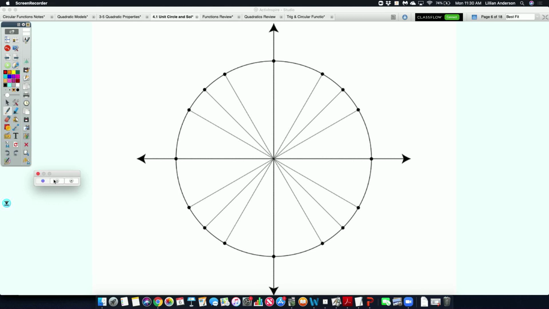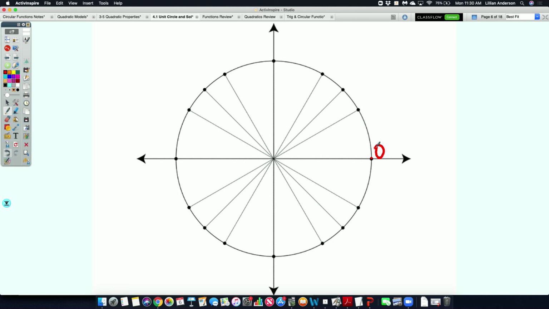So, remember, the initial side of any angle is always fixed to the positive x-axis. So if you have your initial side and your terminal side both on your positive x-axis, that is a degree of 0. And actually, let me put that on top. Of 0 degrees. And then from there, you're hitting the main special angles from your special right triangle.